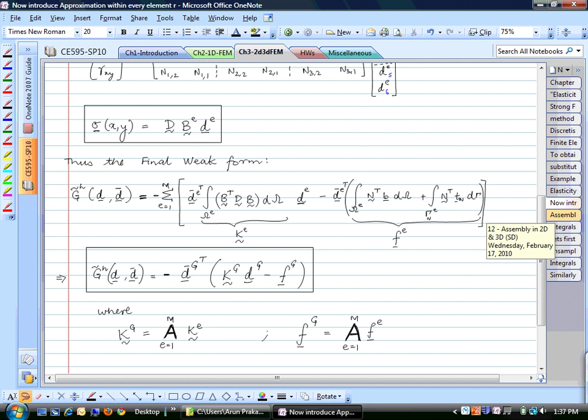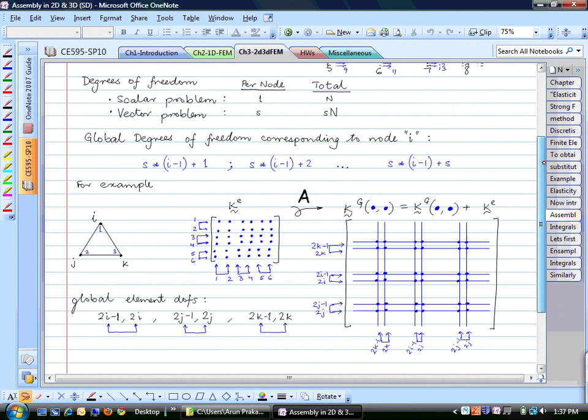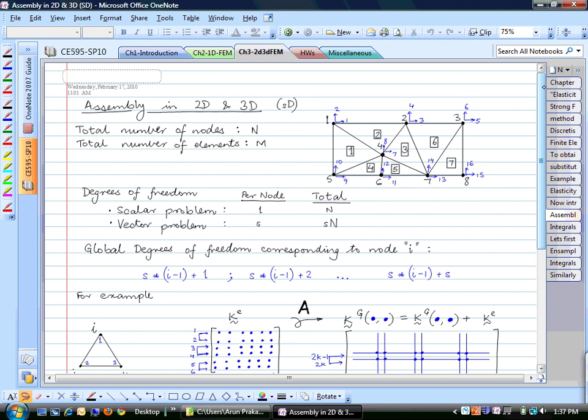But we also had another page in last time's handout, which was about assembly of these elasticity matrices in 2D, which is very similar to the assembly that we did for our heat conduction problem.